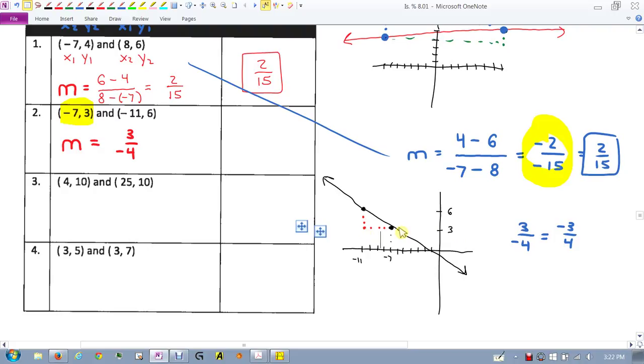Down 3, right 4. It'd be this one, right? Now, you could use this fraction if you want to go backwards, right? To get from here back to here, you would do up 3 and then to the right 4. That would be that one. Understand? Anytime you have a negative, it can be on the top or the bottom.